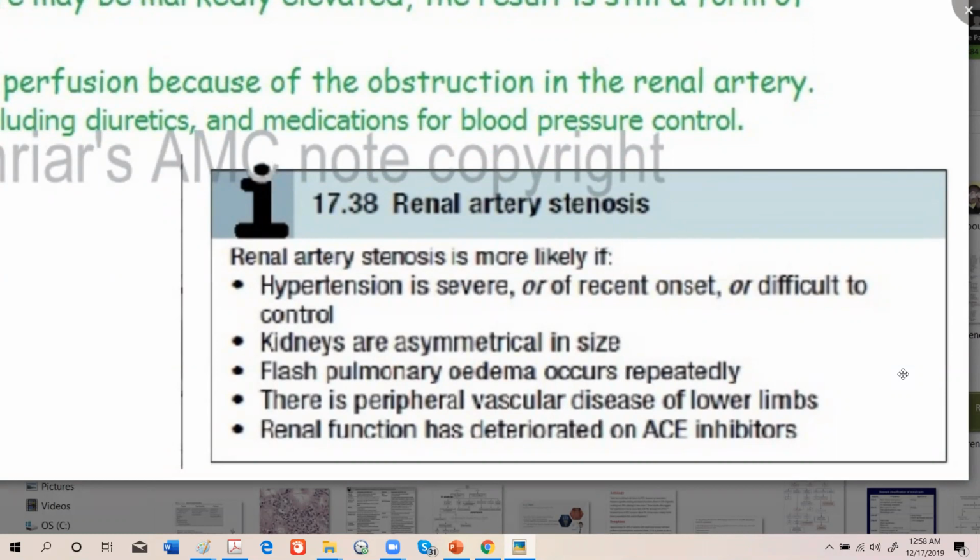It is like the DVT, there is a sign like compare and contrast. I'm telling you, if there is a Homan sign, if you just bend the leg and the patient has pain in the calf, that is the indicator that Homan sign is present. But we usually don't do that. Why?